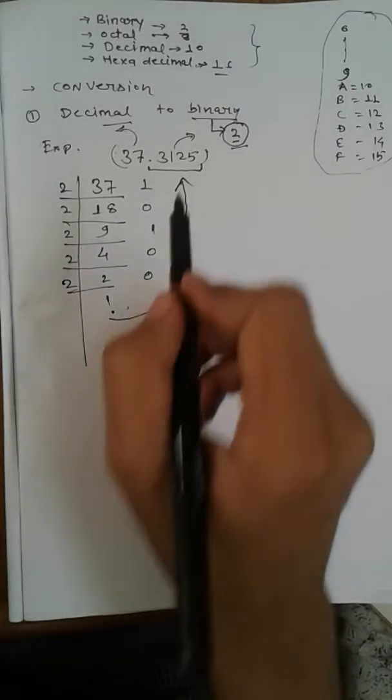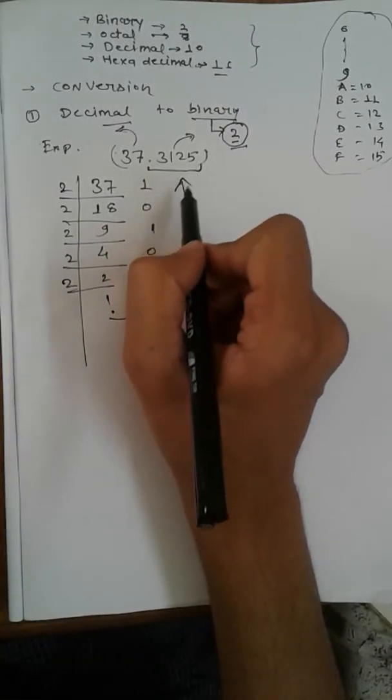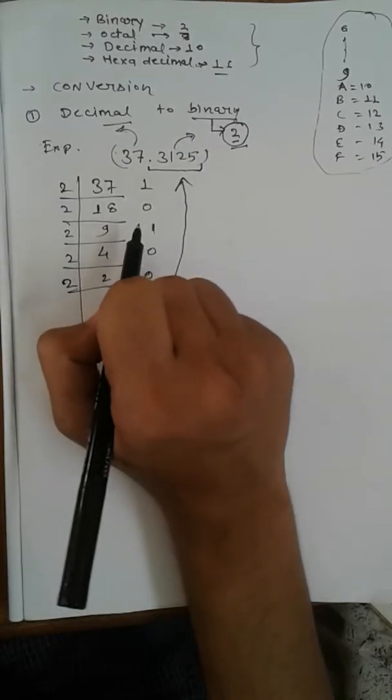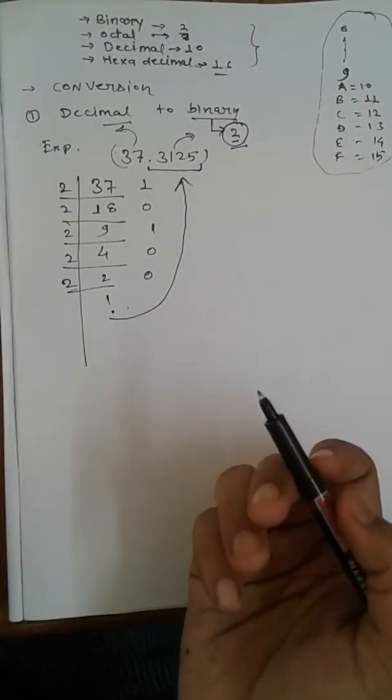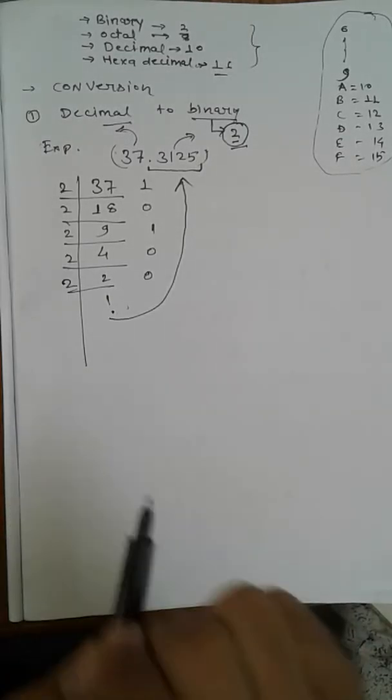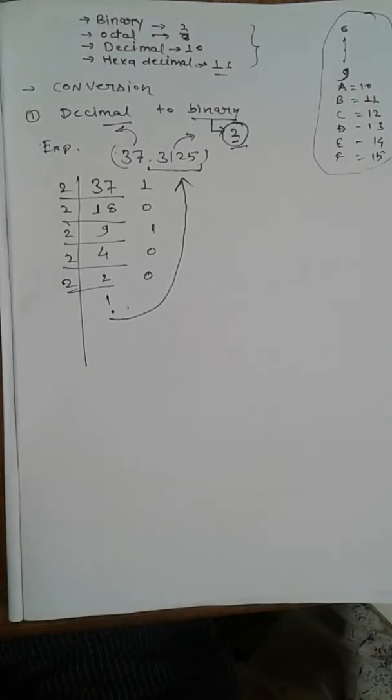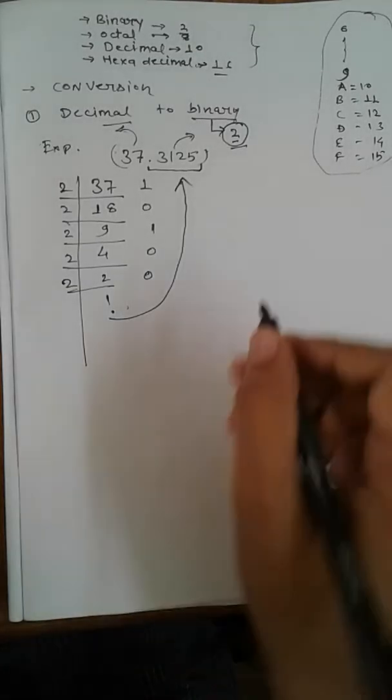Then how do we convert the fractional part? In the fractional part we multiply by 2. If the number is greater than 1, we take the integer part, and then we keep multiplying the remaining fractional part until we get 0.